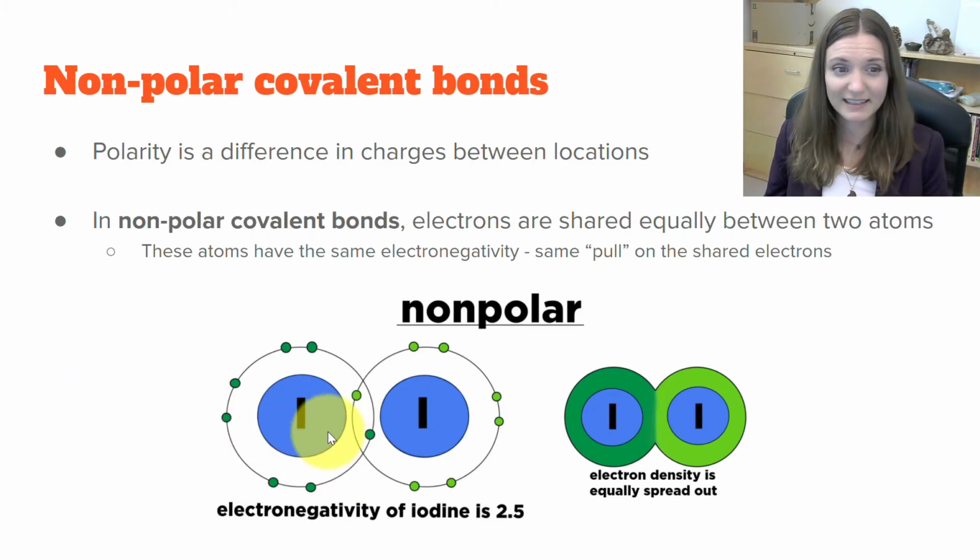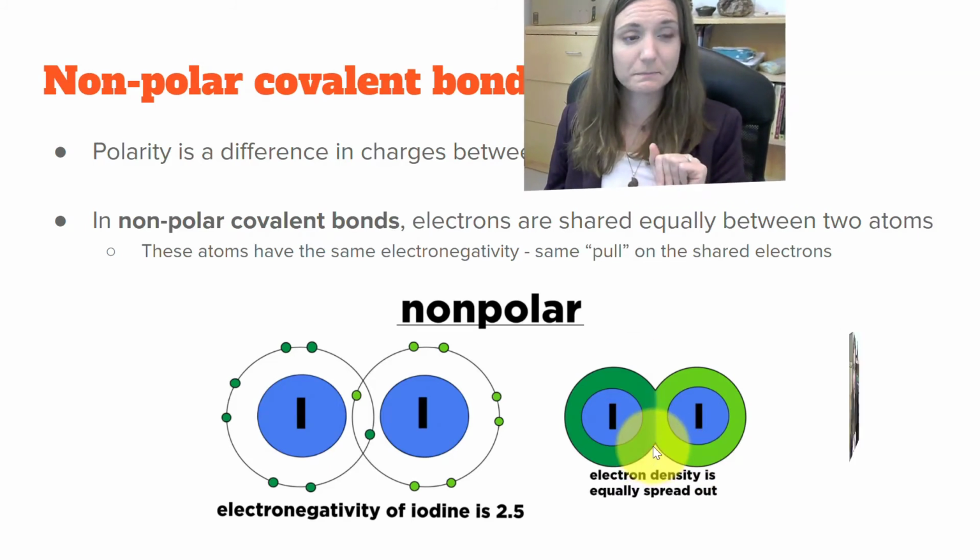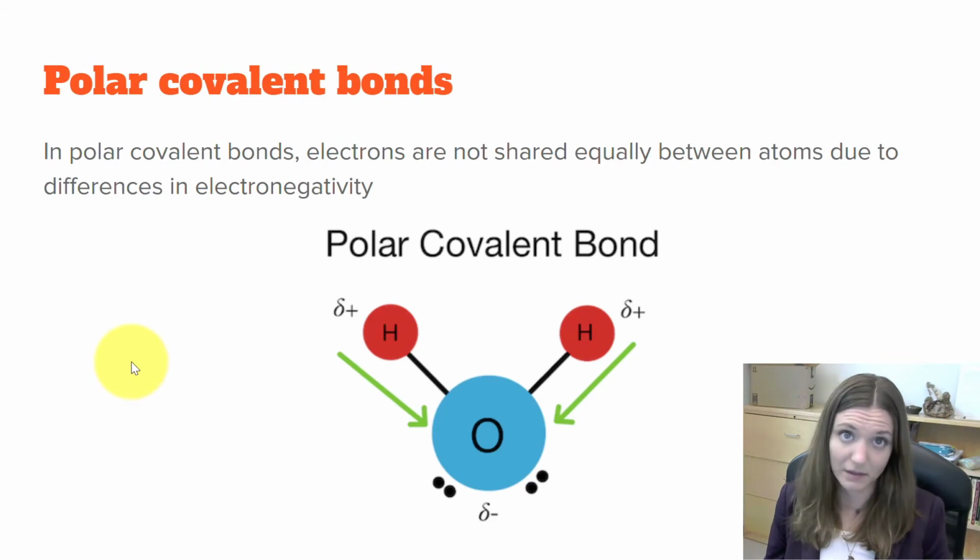So for example, iodine will readily bond with itself, but because it's the same atom, same element, iodine has equal electronegativity, so there's an equal pull on those shared electrons. So the electron density is spread out evenly between those 2 iodine atoms. Compared to polar covalent bonds, in polar covalent bonds, the electrons are not shared equally.